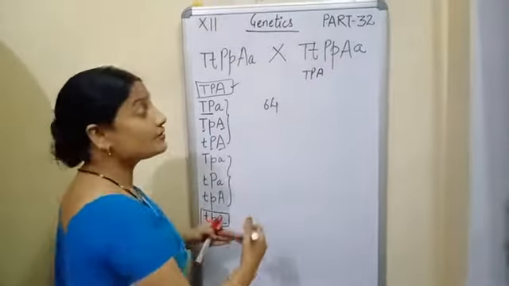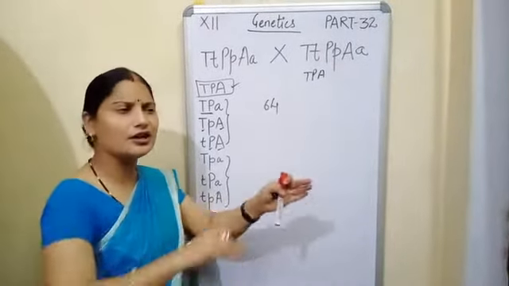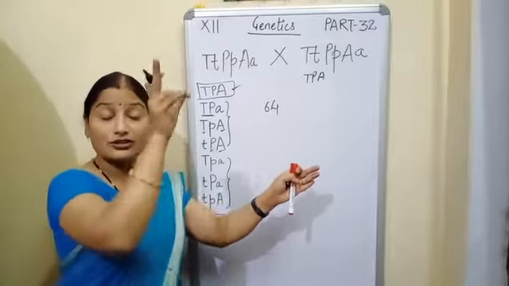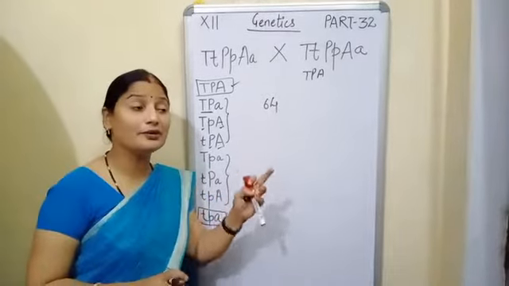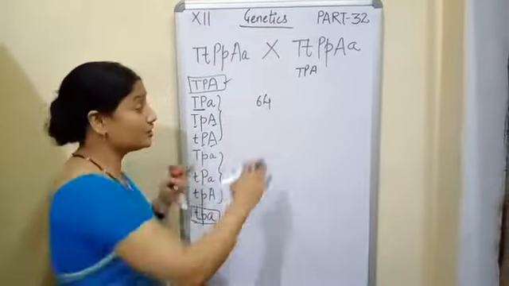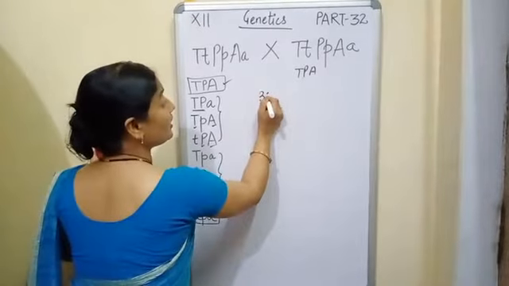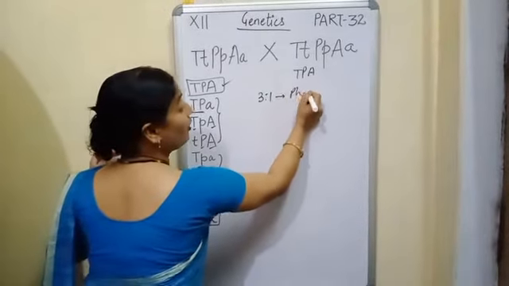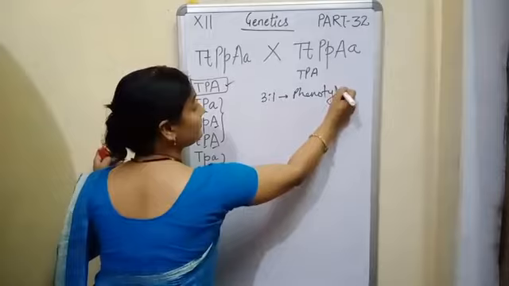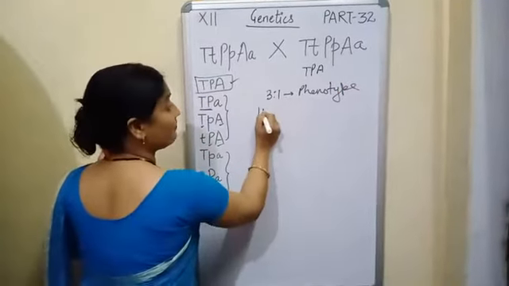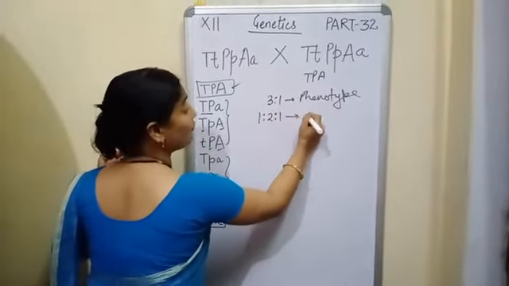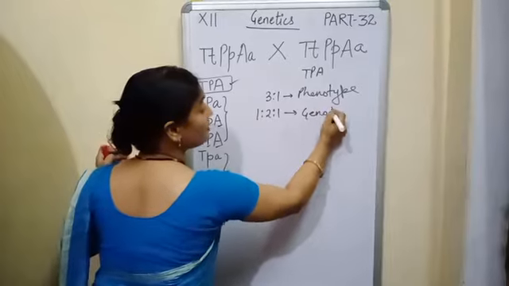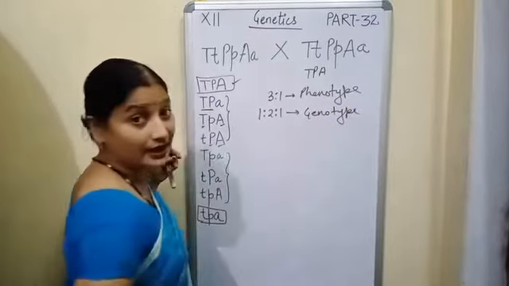Now, in case of F2 generation, the ratio is too long. Just remember, in case of monohybrid, the F2 generation ratio was 3:1 for phenotype and 1:2:1 was for genotype. Okay?